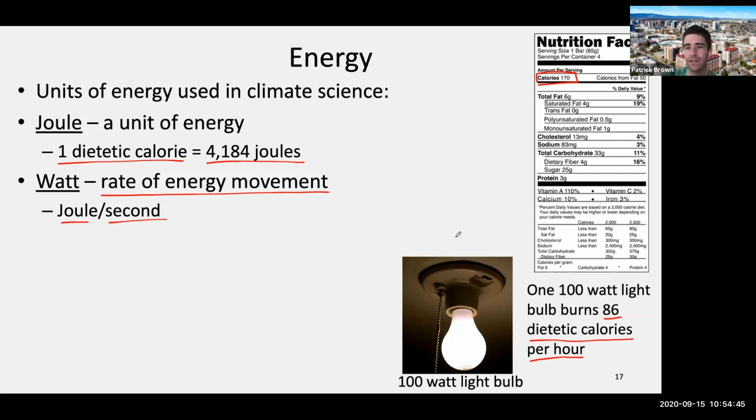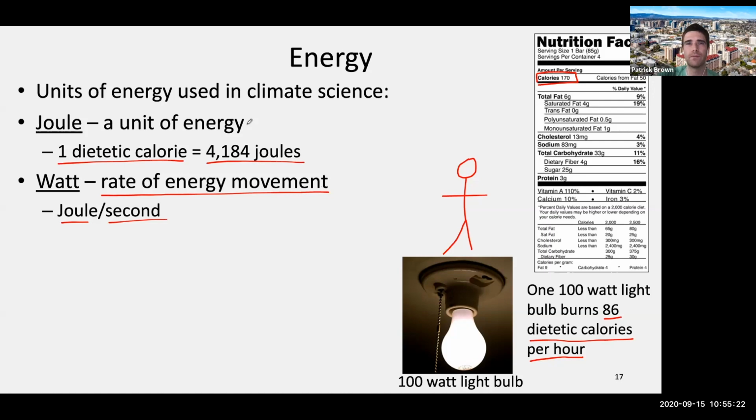And this, by the way, is about what people burn. A person burns around 2,000 calories a day, and if you do the math, that's about 100 watts as well. So we're all just sitting and burning about 100 watts just from living our lives. We have calories coming in, we're metabolizing them, and then we're releasing that energy as heat and using it to move around our bodies.